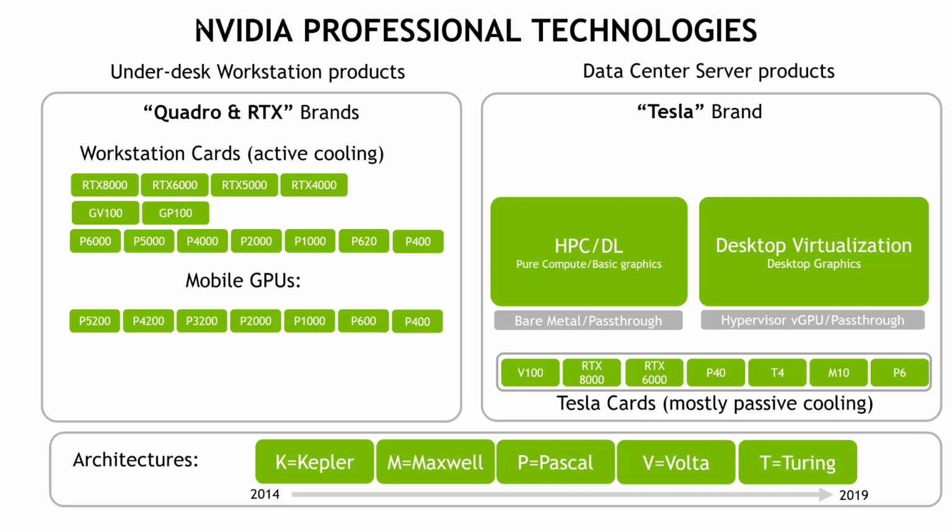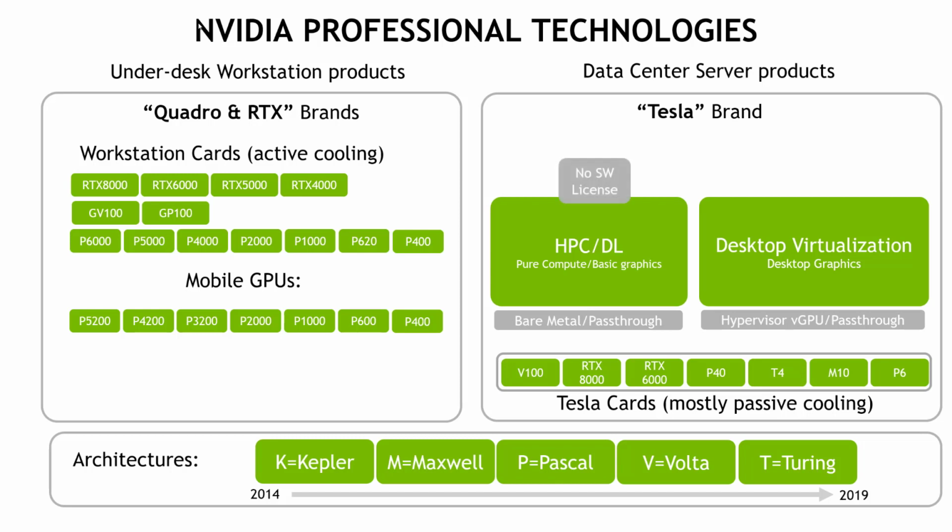On the right-hand side of the Tesla brand, we have desktop virtualization. So here we're talking about graphics acceleration, VDI, desktops, that kind of thing. And typically that will be done more often than not via virtual GPU, so splitting the card up into virtual chunks, or via passing that card through to the virtual machine if the workload is particularly heavy inside that desktop.